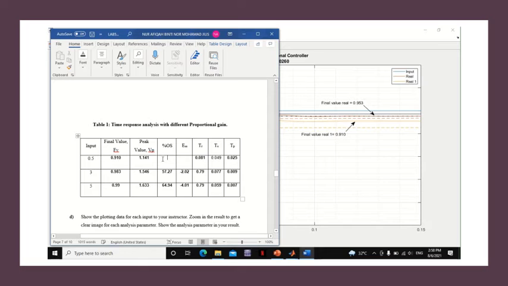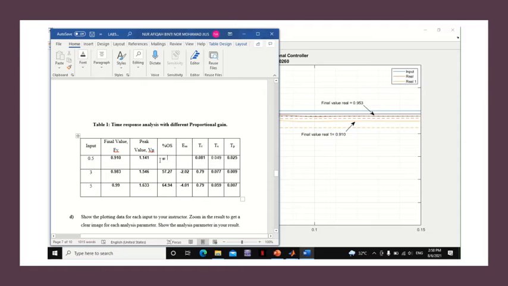Okay, next, let me calculate the percent of OS. The formula that I have used is peak value minus final value, divided by final value, and times 100.